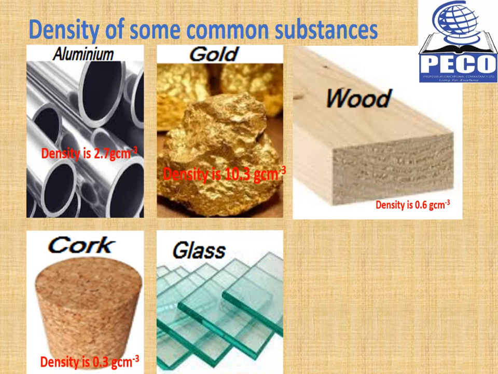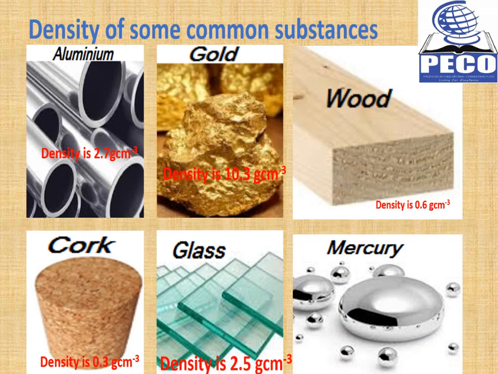Glass, how about glass? 2.5. Glass is a bit denser than wood and coke. How about mercury? That's an important mineral there. Mercury has a density of 13.6 grams per cubic centimeter. 13.6.